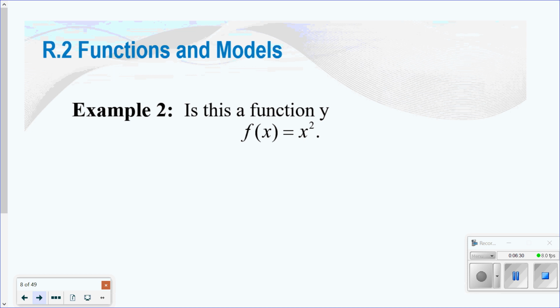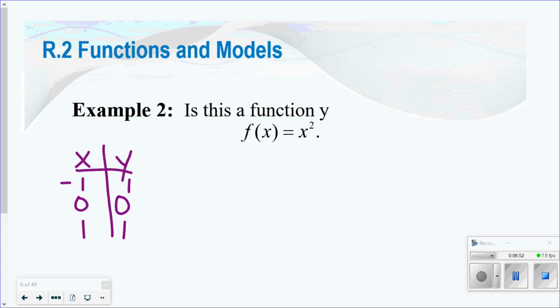Okay, so is this a function? So let's think about this. If we have a table of values, X and Y, let's just start putting some numbers in. If I plug -1 in, the answer is 1. If I plug 0 in, 0 squared is 0. If I plug +1 in, +1 squared is 1.